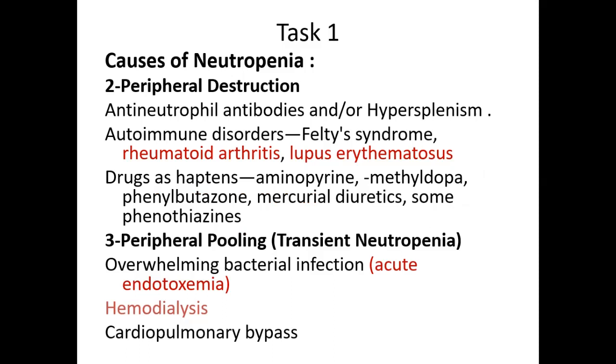The other important cause of neutropenia is peripheral destruction of neutrophils. And this is seen in patients with autoimmune disease and patients who have hypersplenism, especially portal hypertension, myelofibrosis and beta thalassemia major.